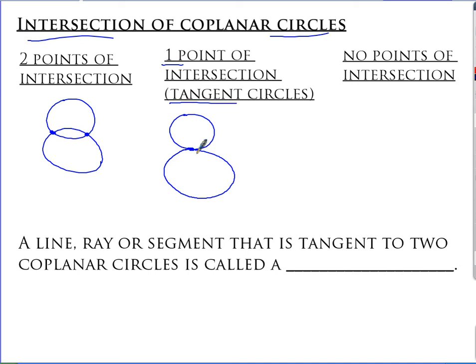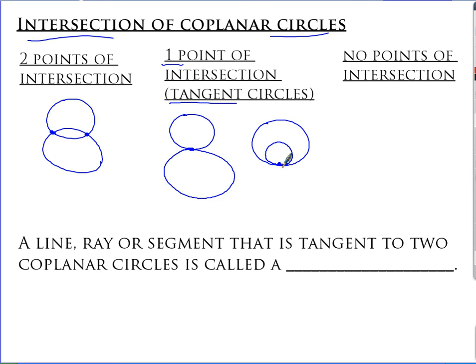Okay. Is there any other way to do this? You could put one on the inside, right? This is how it would be tangent on the outside. I could draw a circle, and then I could have another circle just touch it once on the inside. That would also be tangent circles. 2 circles that touch at exactly 1 spot.